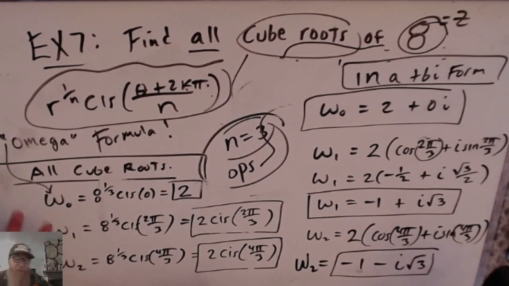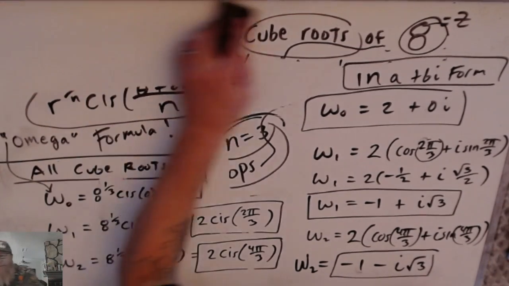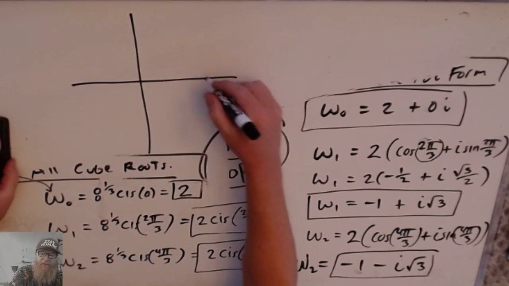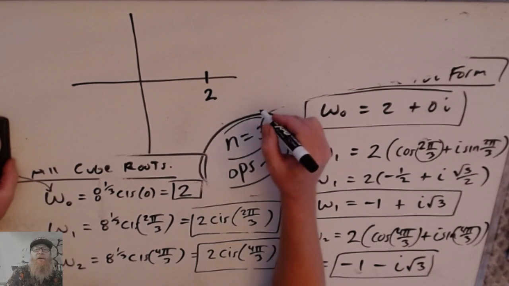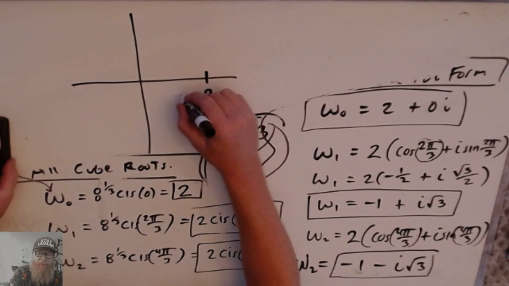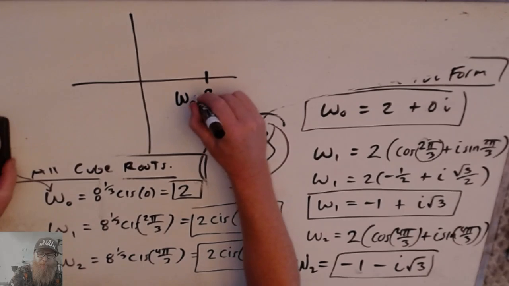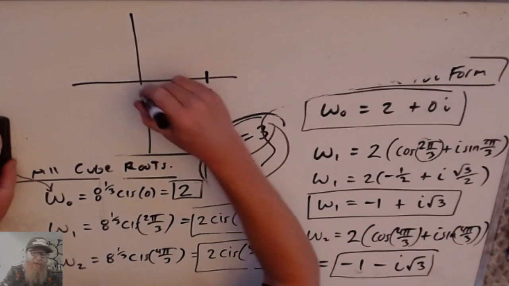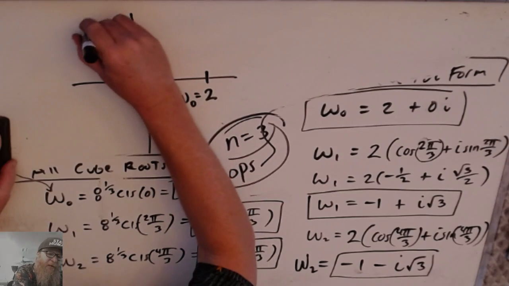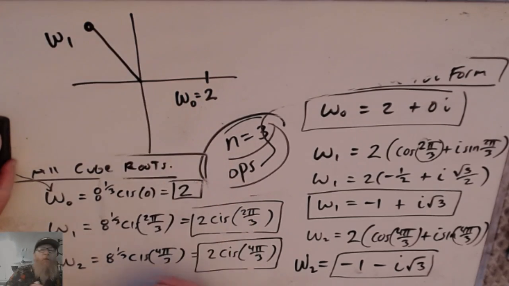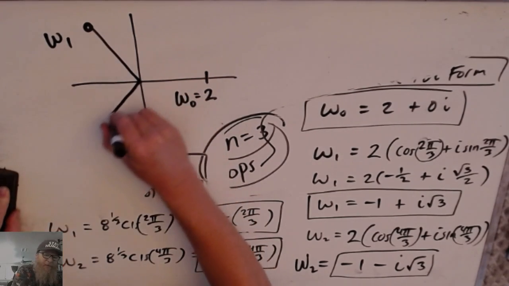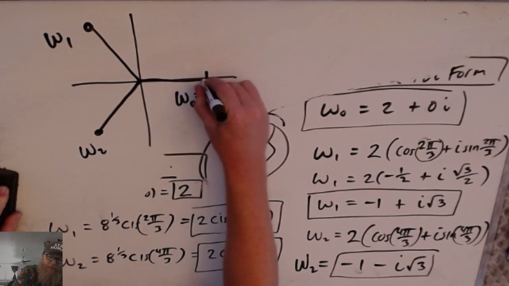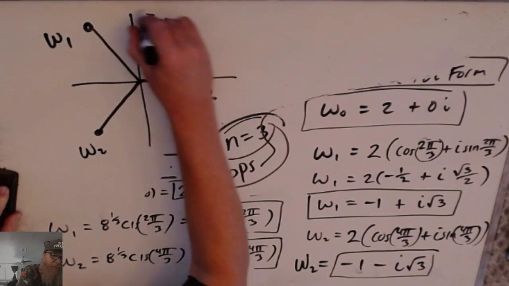And since I started this lecture with a picture, I might as well finish with a picture. 2, that's your omega 0. I'm just going to call it 2. And then 2 pi over 3, that's your omega 1. And 4 pi over 3.